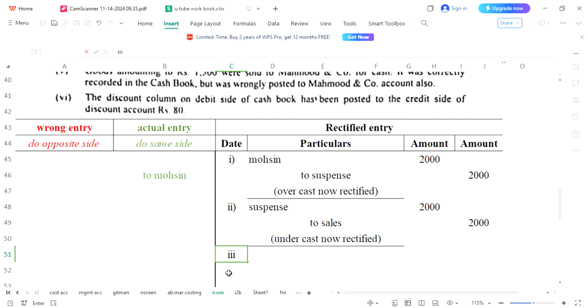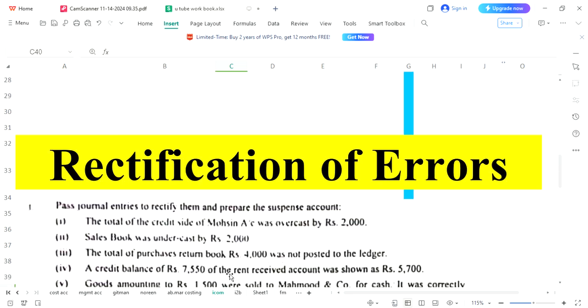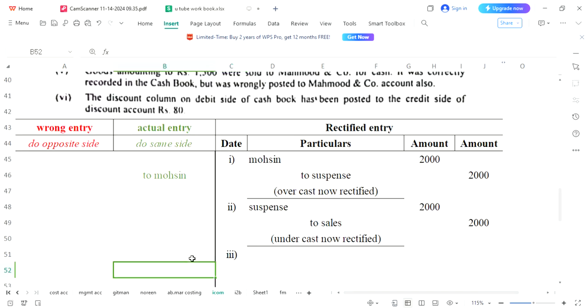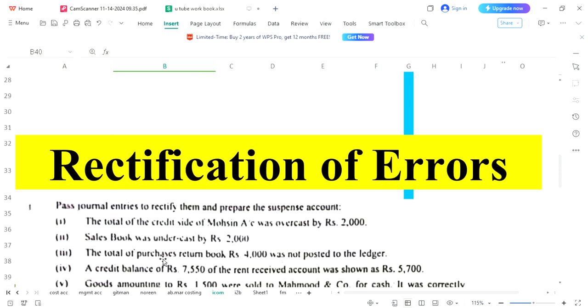Now let's see what the third entry is saying. Total of purchase return. As you know, if purchase is debit, purchase return should be written on the credit side. So for just our memory, we are writing it on the credit side. Was not posted to the ledger.